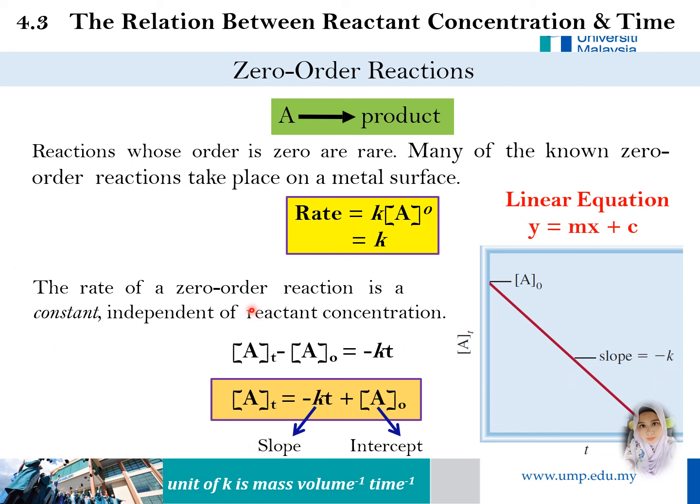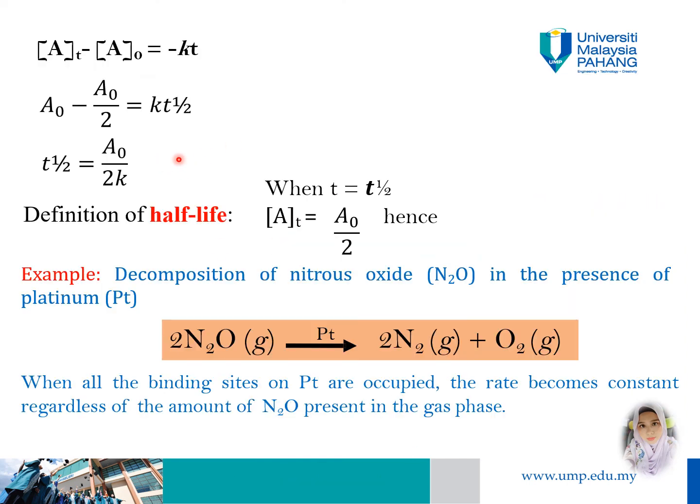Here k is in units of concentration per time. The half-life for zero order is t half equal to [A]0 over 2k.